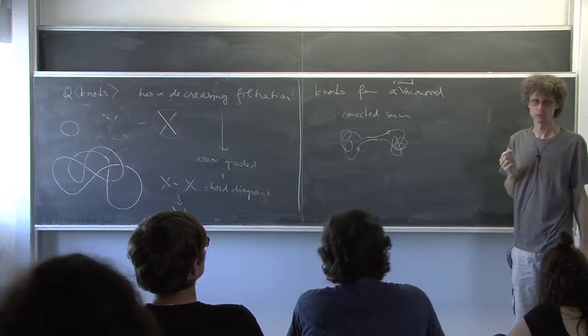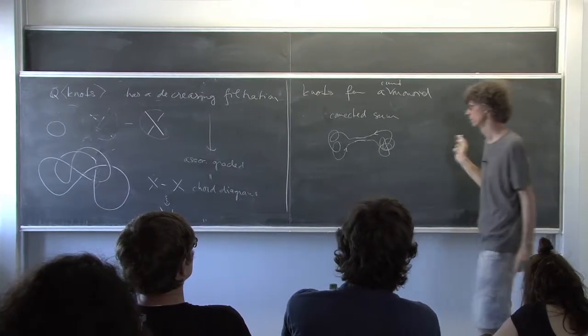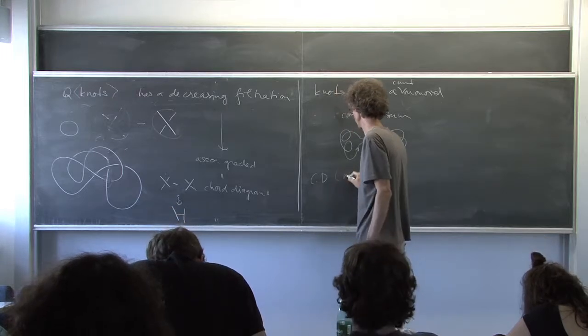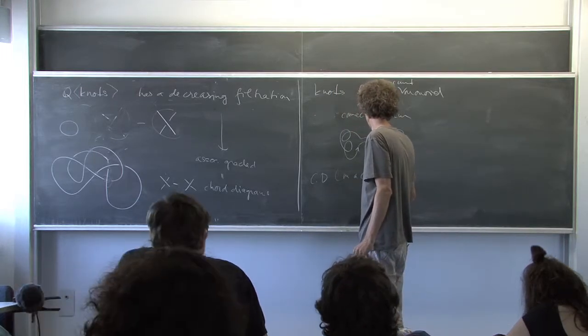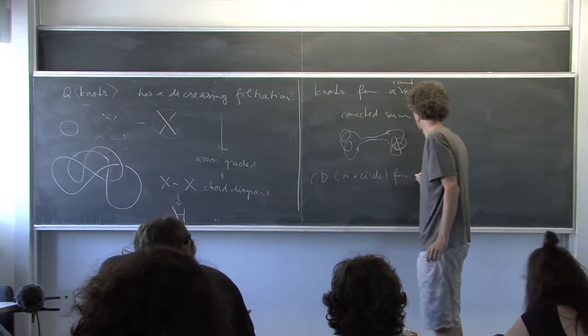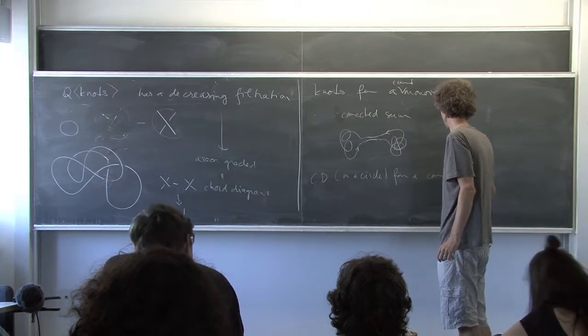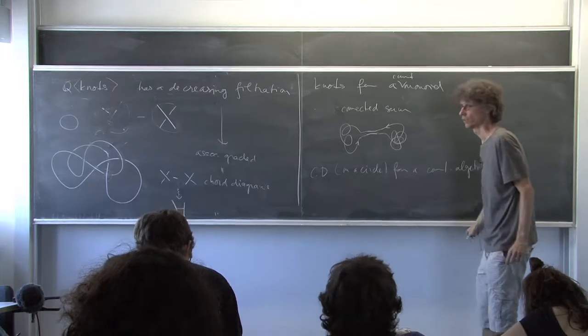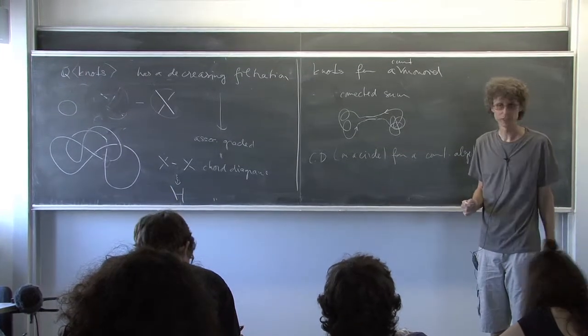And those chord diagrams on a circle form a commutative algebra. And how is that? Again, by connected sum.